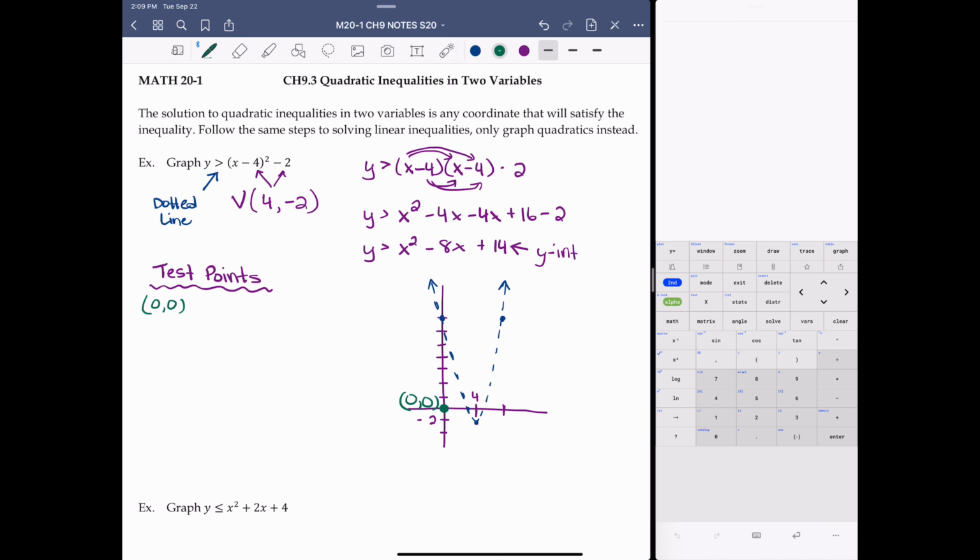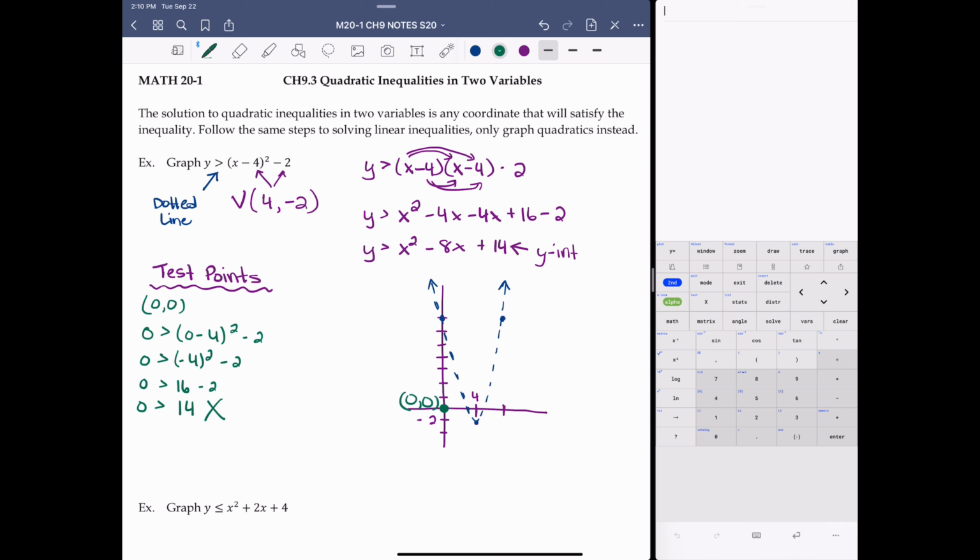I'm going to sub it into our inequality. Y, which is 0, is greater than x, which is 0, minus 4 squared, minus 2. 0 is greater than negative 4 squared minus 2. 0 is greater than 16 minus 2. 0 is greater than 14. Is that true? No. 0 is not greater than 14.